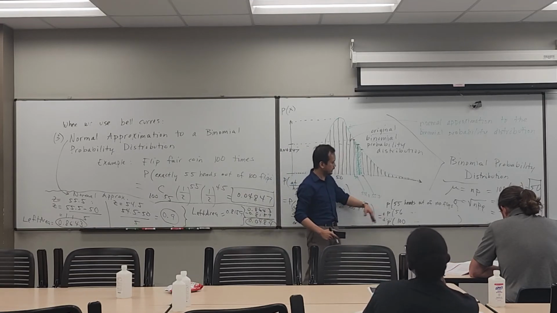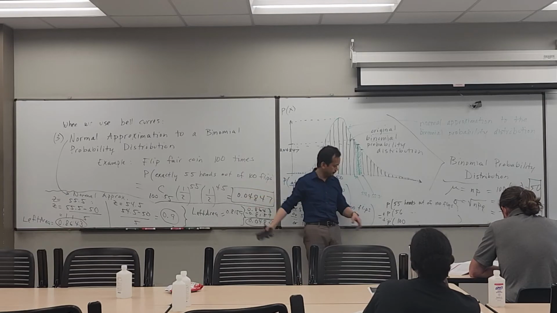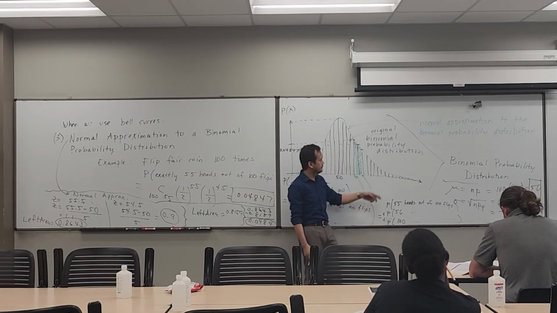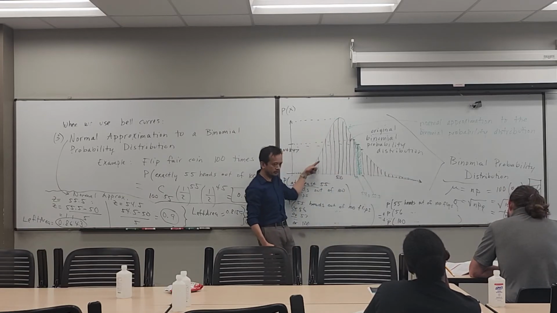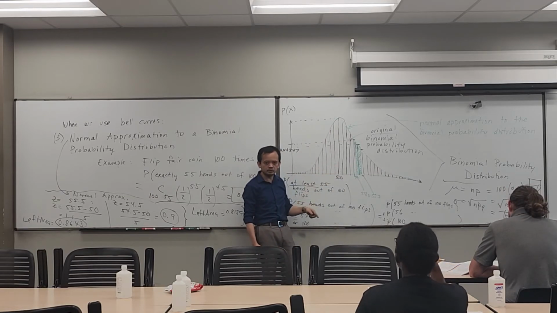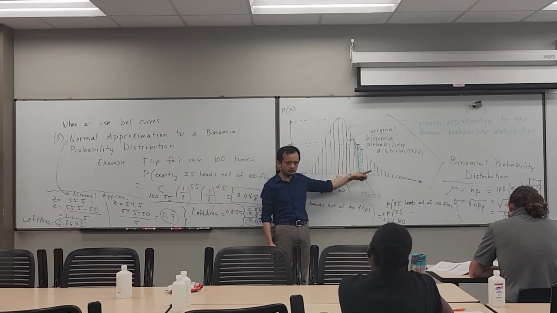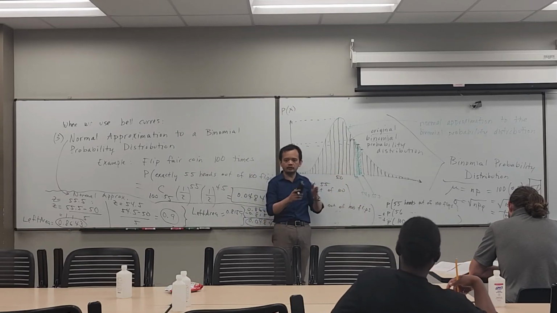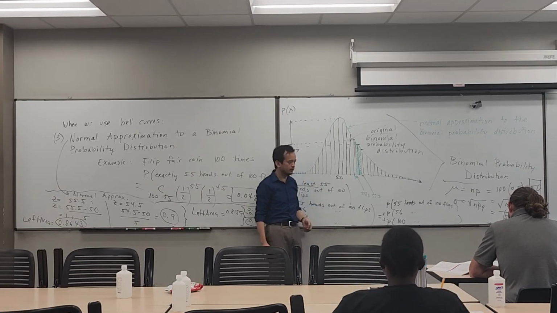So instead of using that binomial probability formula 46 times and then adding up all the results, we're going to fit a bell curve onto this underlying binomial probability distribution, and once we have a bell curve, to find any probabilities that we want, we find the relevant areas instead.